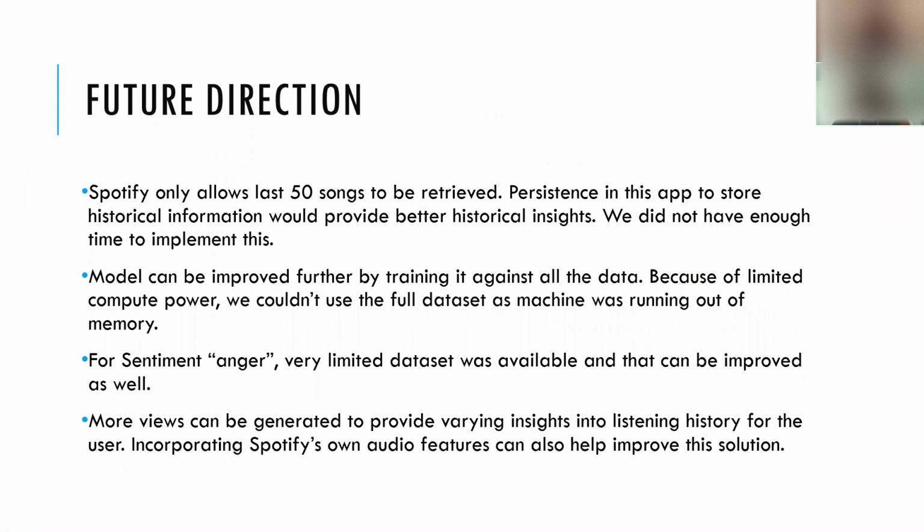Next, the sentiment anger is very limited in the data that we used, so more representation of this emotion might boost the accuracy and representation of the model. And lastly, more views can be generated by providing varying insights into the listening history.